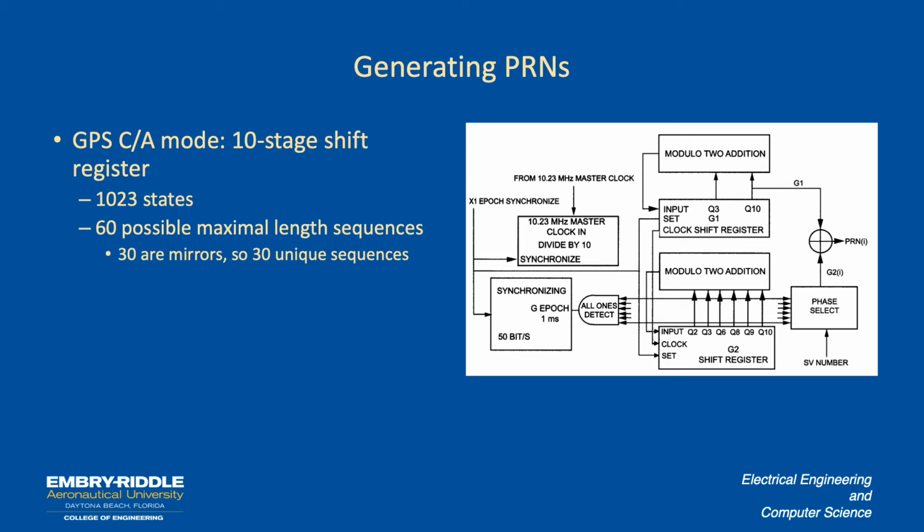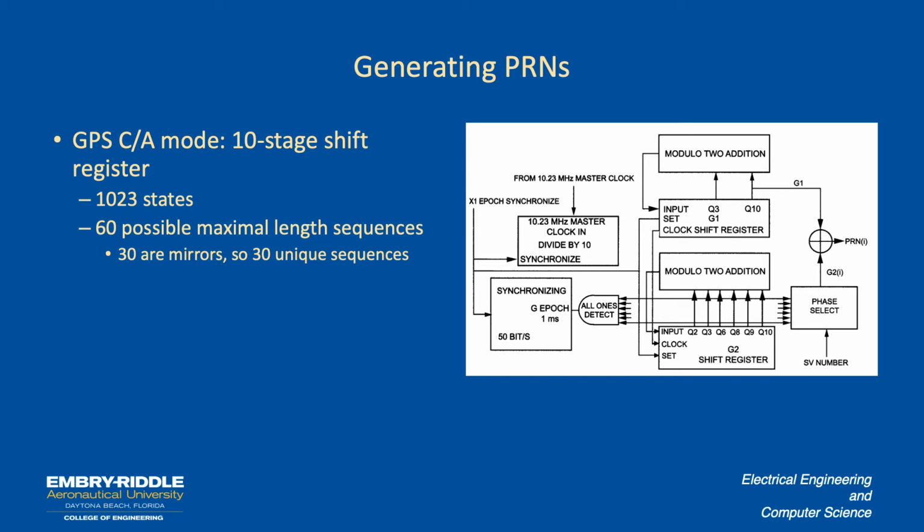But what's different here is we don't just take these 2 shift registers and combine them. We take the selected outputs from the second shift register, and we combine those using exclusive OR to get the output. That's what's used as the G2 sequence.